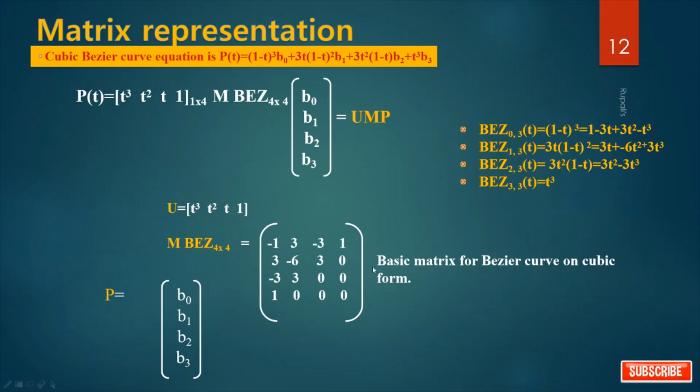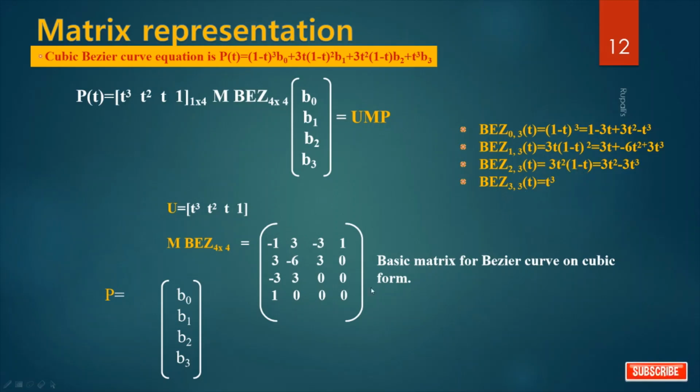So how can you write this matrix? First, what is B_0,3(t)? It is (1 minus t) cube, that is 1 minus 3t plus 3t square minus t cube. Then B_1,3(t) is 3t (1 minus t) square, so we get this result. Then B_2,3(t) is 3t square (1 minus t), and B_3,3(t) is t cube.